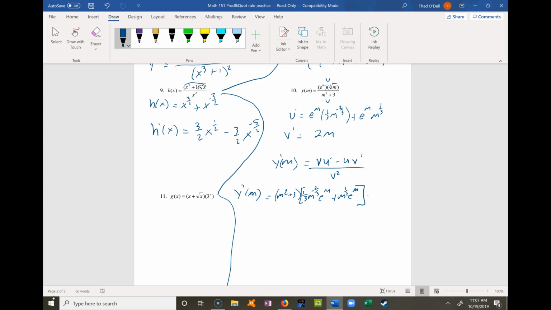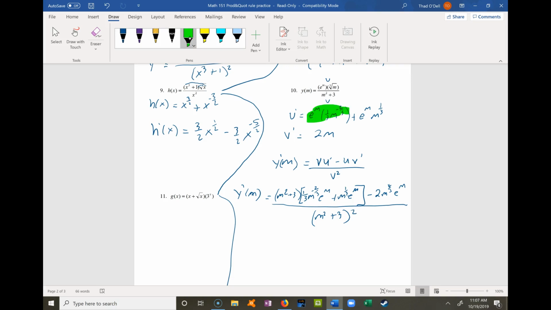Okay, and then I'm going to subtract from that the u, which is just the top, times 2m. So that's just going to be 2, of course, m times m to the 1/3, that'd be m to the 4/3, e to the m. And then all that's going to be over v squared, which is m squared plus 3, squared. Okay, so let's make sure we're clear on this.